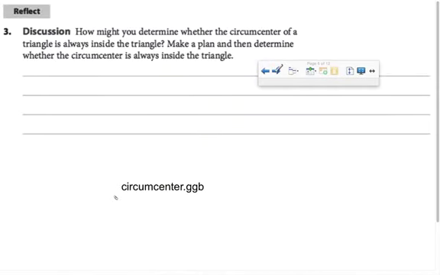How could we determine whether the circumcenter of a triangle is always inside the triangle? So far, that's all we've seen. Is that all we could ever see? Let's consider.